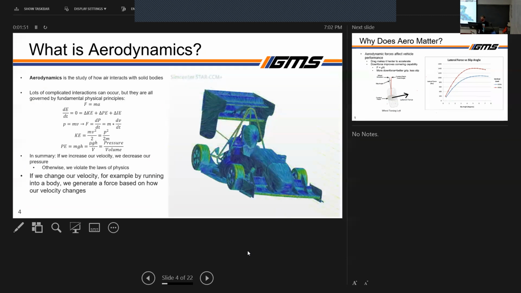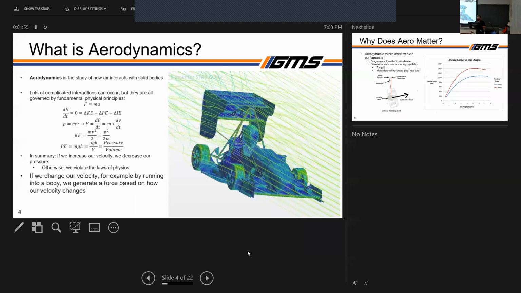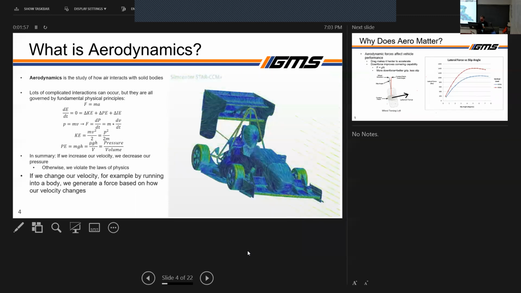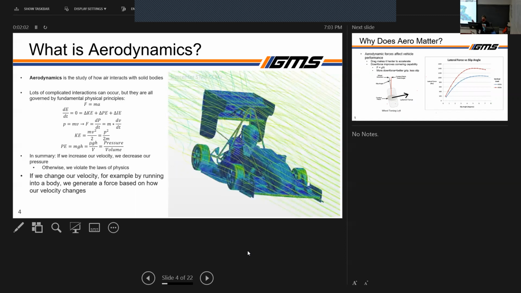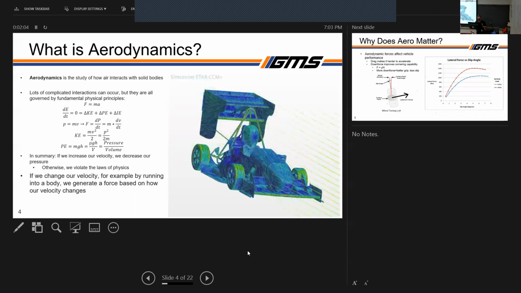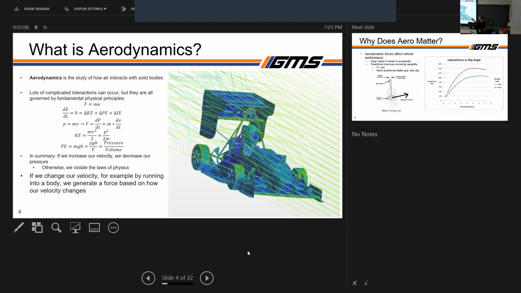Generally, it's just the study of how air interacts with something that is solid and not gaseous. As you can see from this animation, lots of complicated interactions can occur, but in general, they're all governed by very fundamental physical principles. So the first equation up there is just Newton's second law.